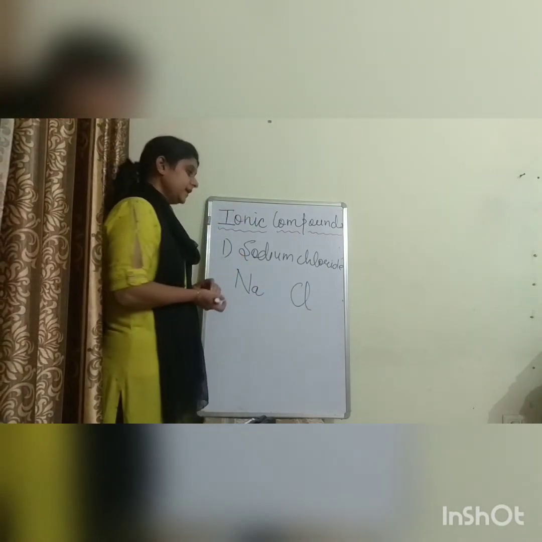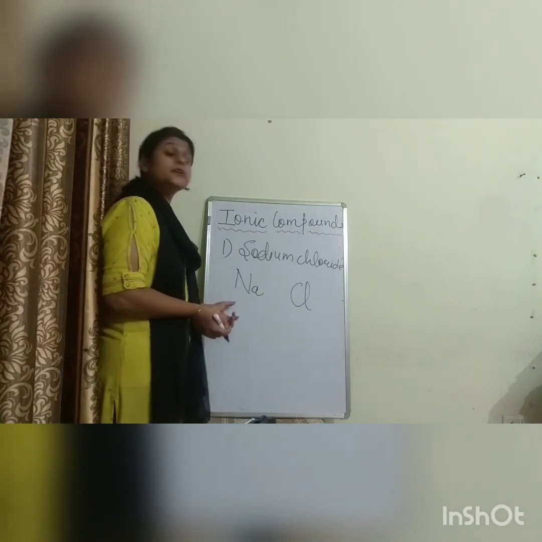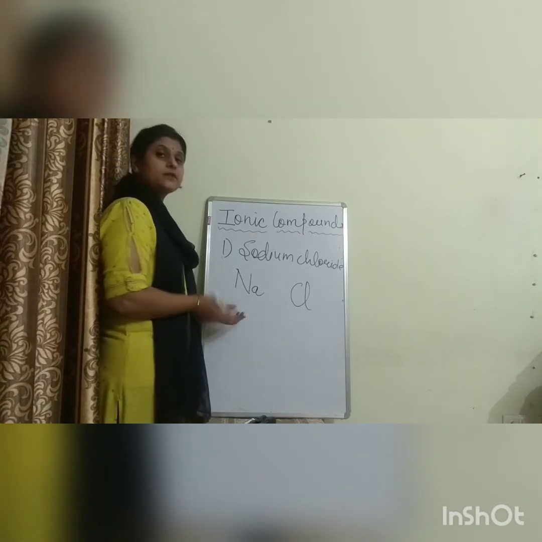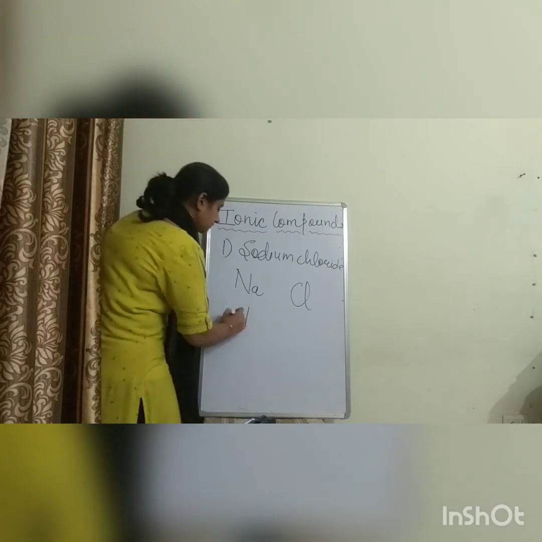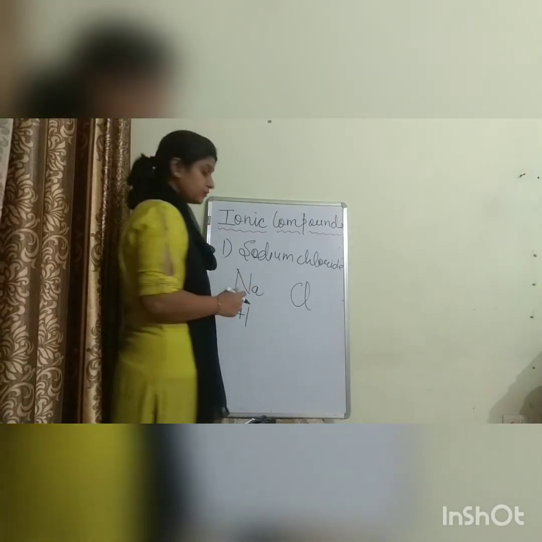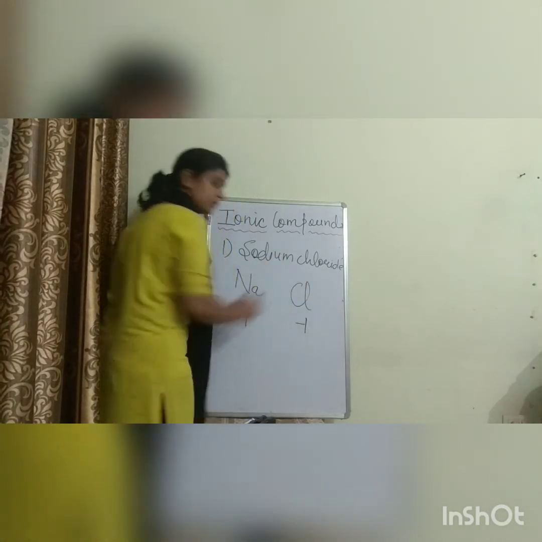Before writing the formula of an ionic compound, we should know the valency of these metals and non-metals. The valency of sodium is +1, where the plus sign shows that it loses an electron. The valency of chlorine is -1.